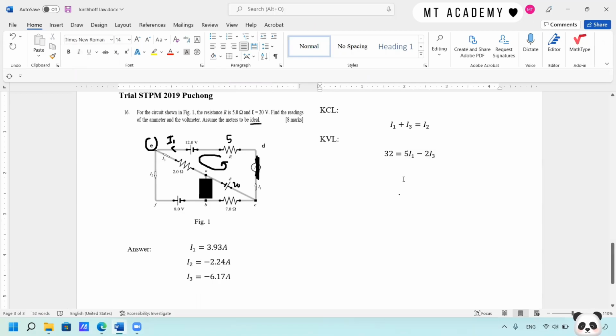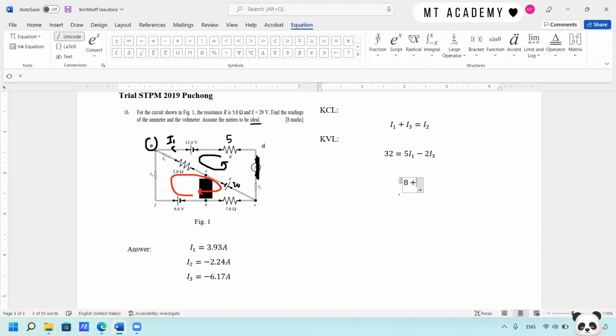Okay, we're going to look for the next loop. Here I would suggest we draw a clockwise direction. Don't be confused by the voltmeter, because it is now an open circuit. So we have positive 8 and positive 20, so 8 plus 20. And then the voltage across the 2 ohm: we have a negative since it doesn't follow the direction of the loop, negative 2 I3.